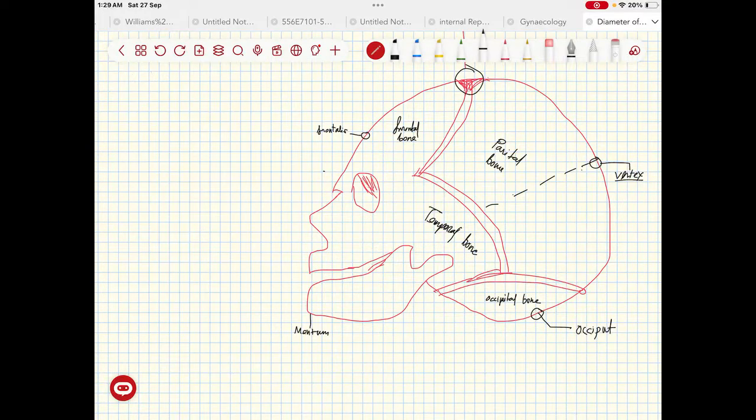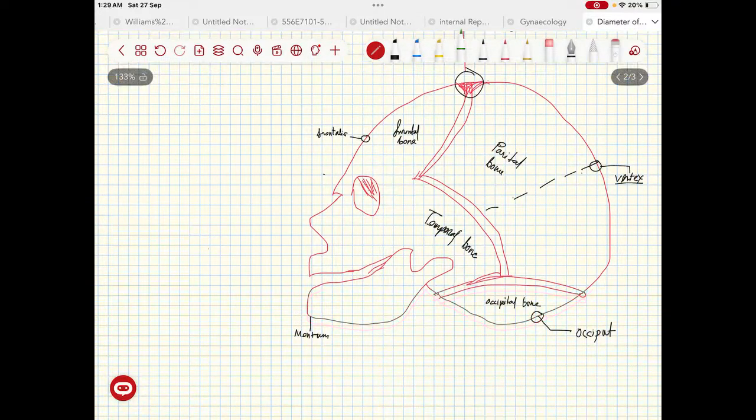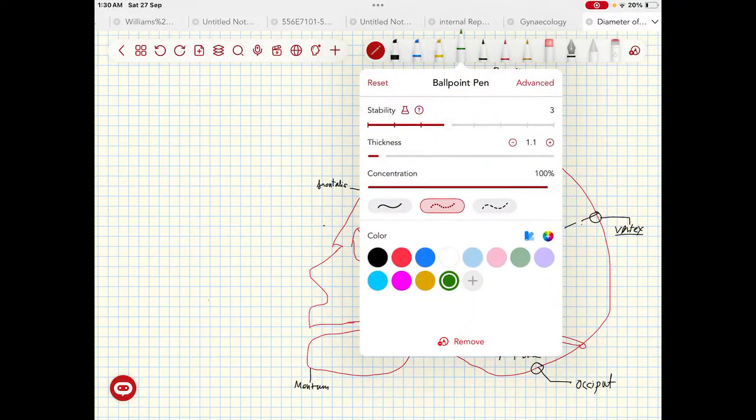So we should draw some imaginary lines. I am drawing like this. See, from the bregma to the subocciput, this portion.